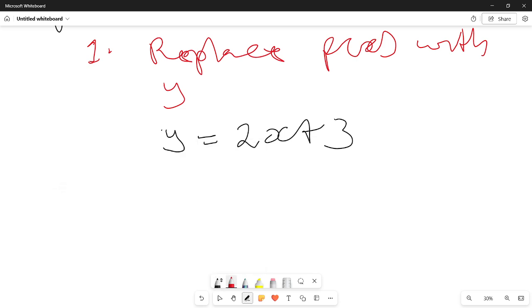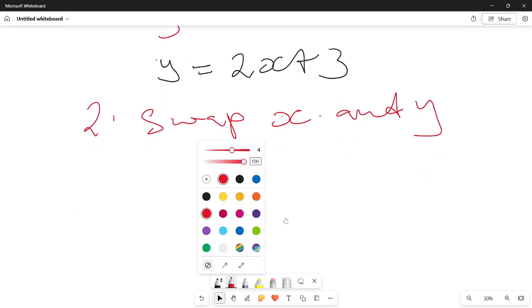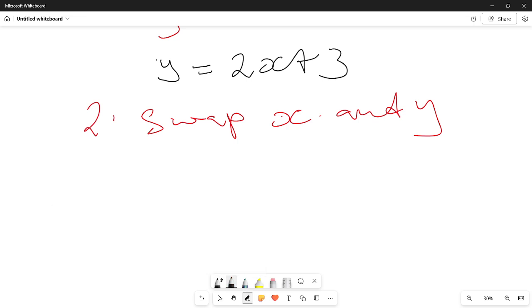Step number 2, swap x and y. So swapping x and y, in our case, we are going to have x equal to 2y plus 3.